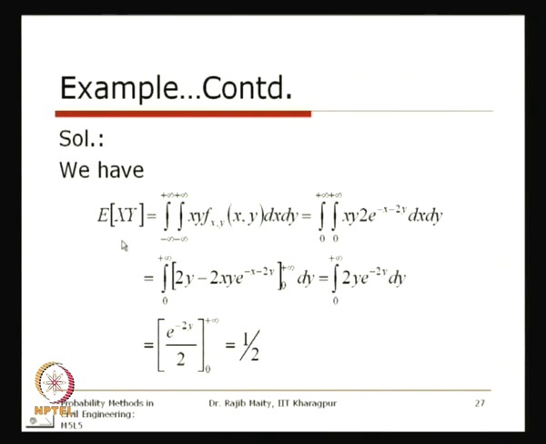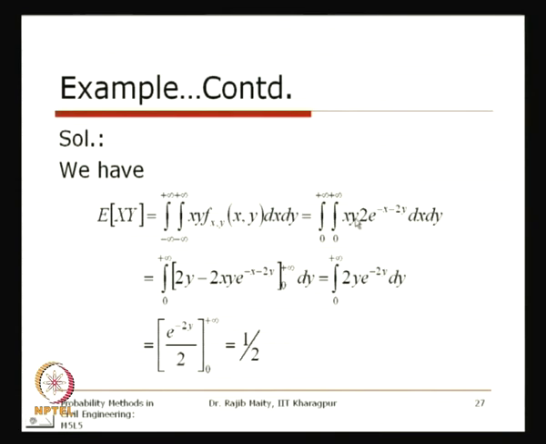This is the only unknown that we have to determine, the expectation of x y, which is over the entire support x y multiplied by their joint density, from 0 to infinity, which are the support of x and y, and we have to do this integration.